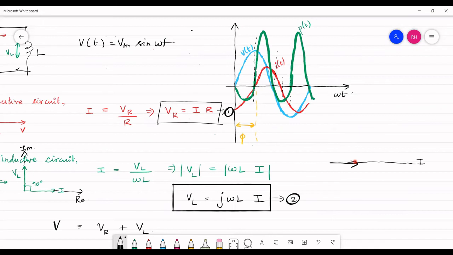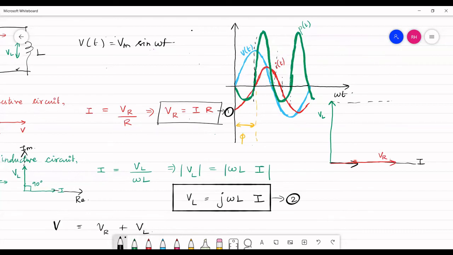Having the current as the reference phasor, let's trace the resistive voltage drop. I into R gives us the value of the voltage drop across the resistor, and j into ωL into I, so j, comes along the imaginary axis. So this is the voltage drop across the inductor.